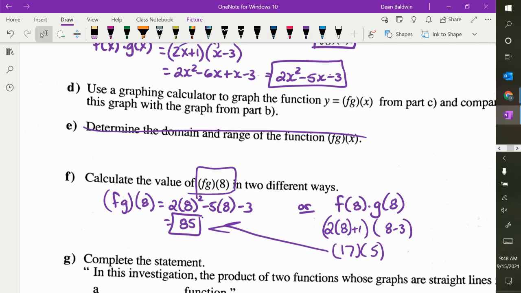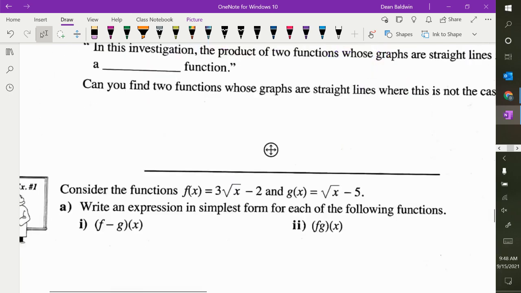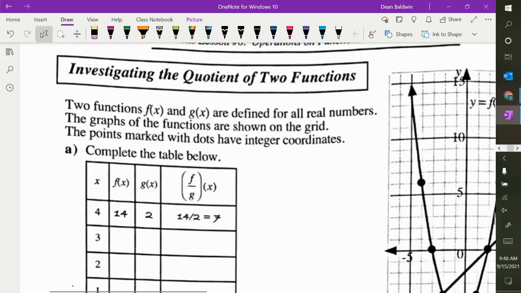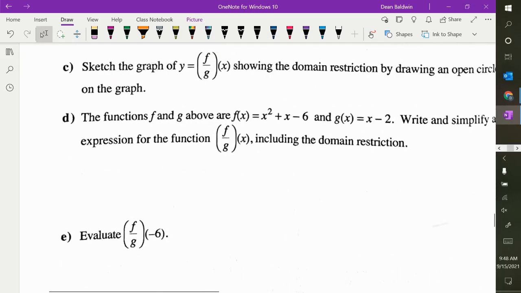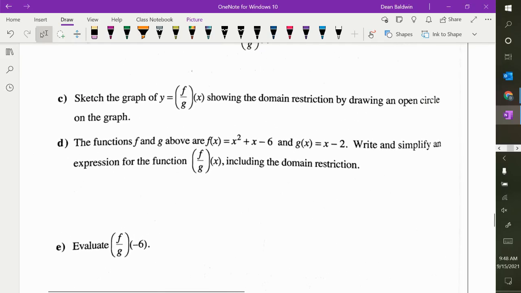All right. We okay? All right. Here is the division one. So, bottom of the next page, 48.